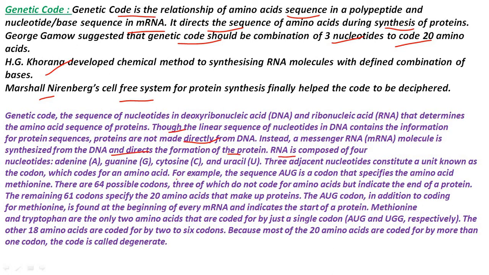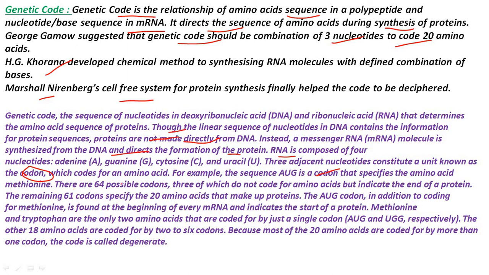The RNA is composed of 4 nucleotides, adenine, guanine, cytosine, and uracil, and the 3 adjacent nucleotides constitute a unit known as the codon, okay, which codes for an amino acid. For example, the sequence AUG is a codon that specifies the amino acid methionine and is the start codon.